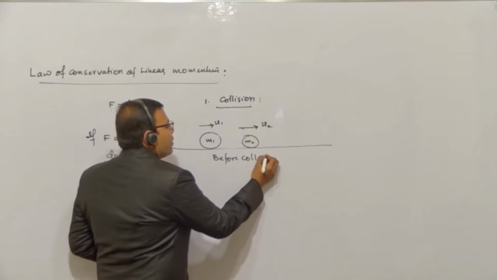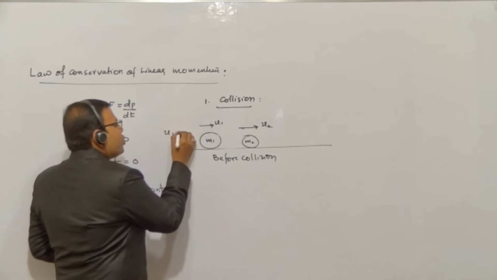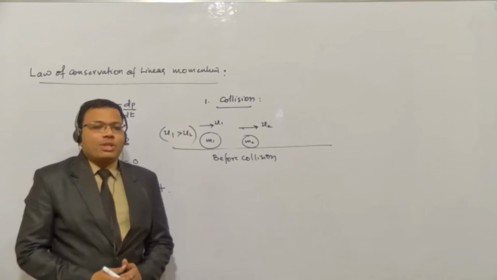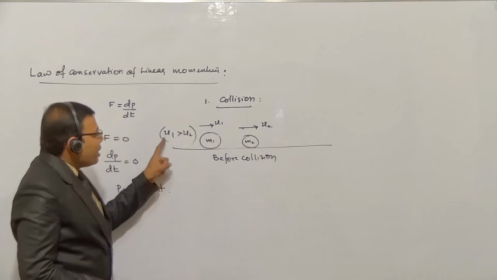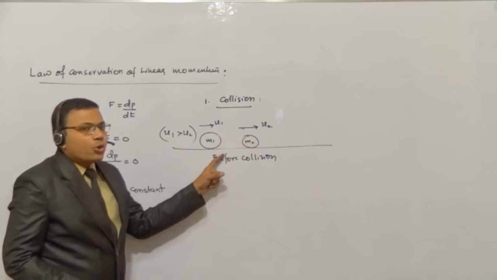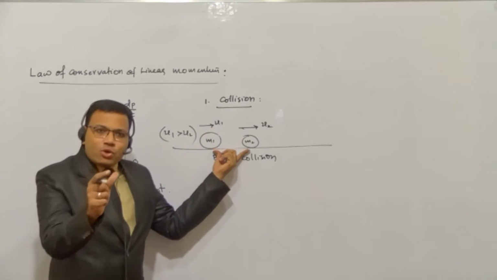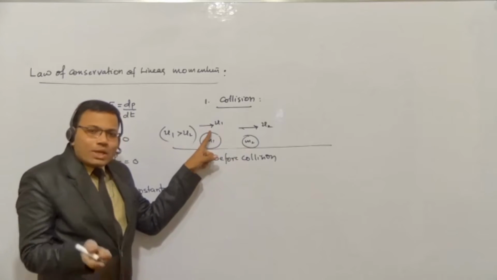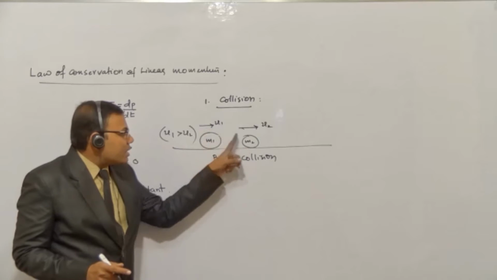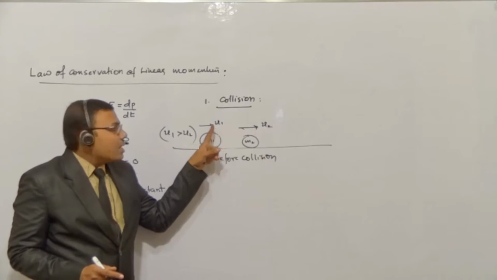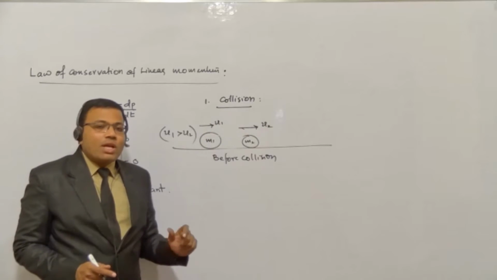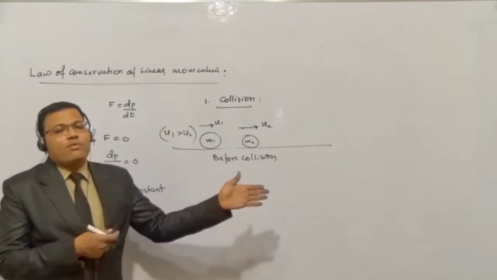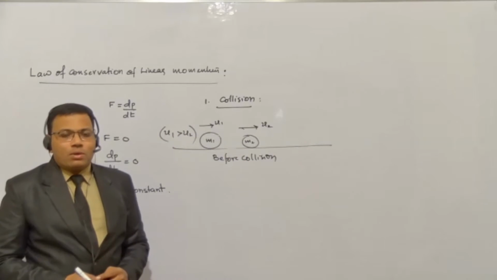So I will write this as before collision. And one condition we need to assume, students: u1 is greater than u2. What is the reason for assuming this? If u1 is equal to u2, then the separation will remain constant. They are not going to have a collision. If u1 is less than u2, then this one will move forward, and there will be no collision at all.